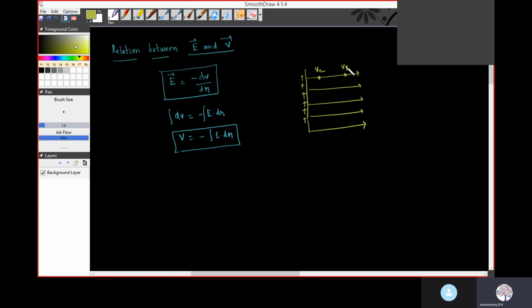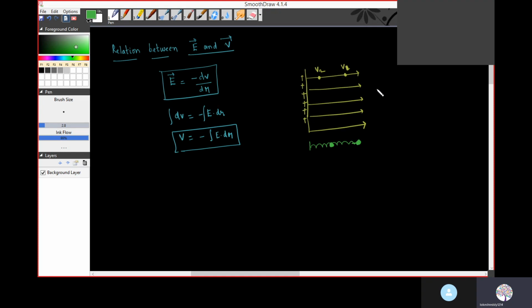Test charge is always positive. So here V2 is greater than V1. Now as we have discussed, imagine a spring here. If you compress it, that means if you do work, the work done is stored in the form of potential energy. So per unit charge, it is potential. Potential energy increases means potential increases.